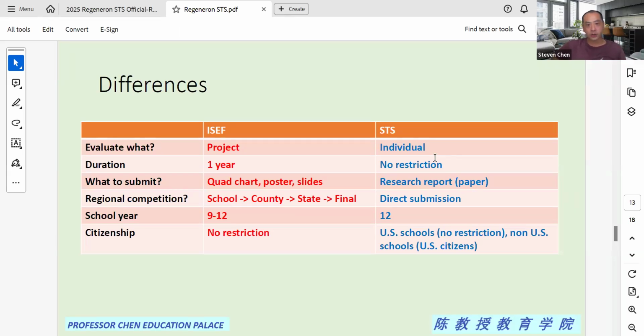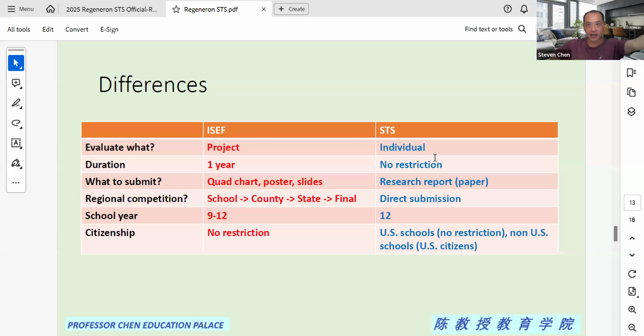Okay, actually, this is a good thing because that ensures that all submissions will be evaluated by using the same criteria by the same group of judges. Because we know for SF, actually even for the same project, you submitted to different counties or different states, maybe that will be evaluated in a different way, right?